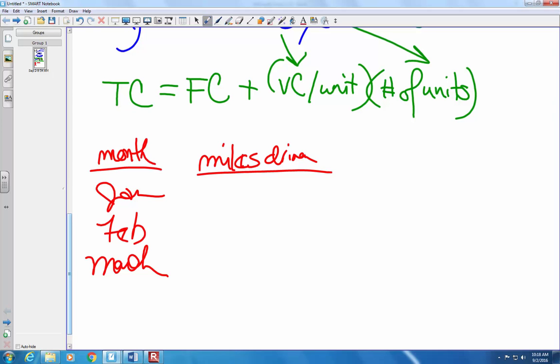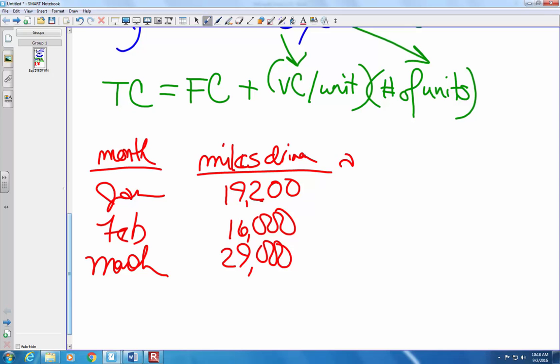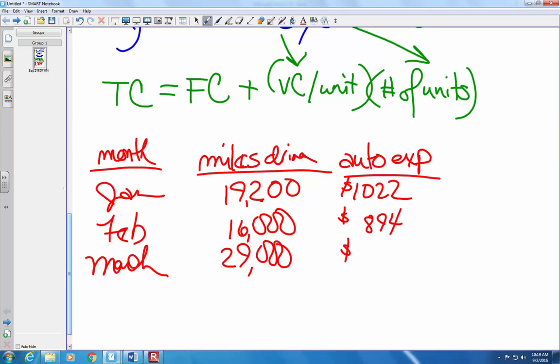In January, my total fleet mileage was 19,200. In February, it was 16,000. And in March, it was 29,000. And my auto cost for those 3 months was 1,022, 894, and 1,414.